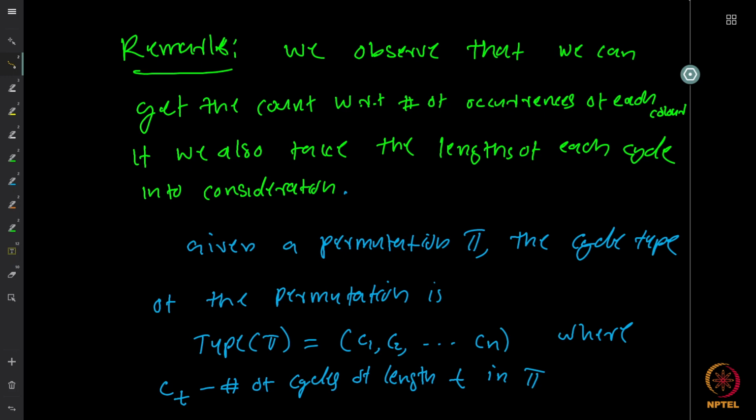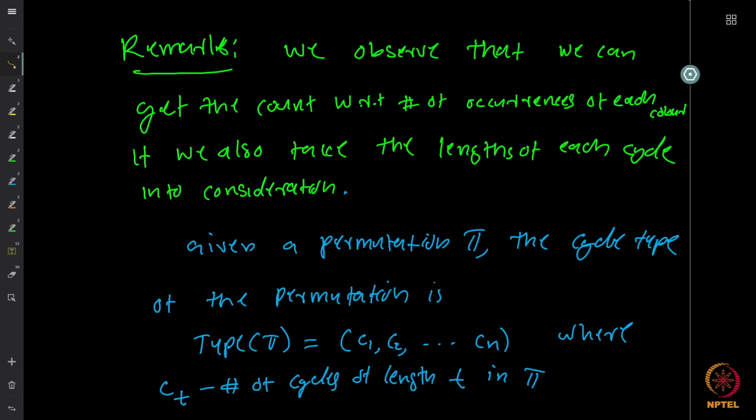Now, this becomes even more clear when you observe that the action is by the group G, which is a subgroup of the symmetric group S_X. So basically, the action is by permutations, right? So now, suppose I take a coloring and permute it. Whatever your permutation is, it is not going to change the number of times a given color appears, right? So if I look at a coloring and I permute the elements, then I am going to get another coloring where the number of times each color occurs is precisely the same.